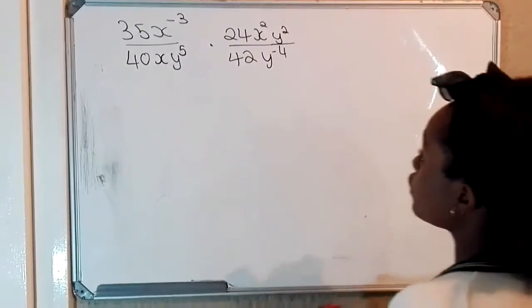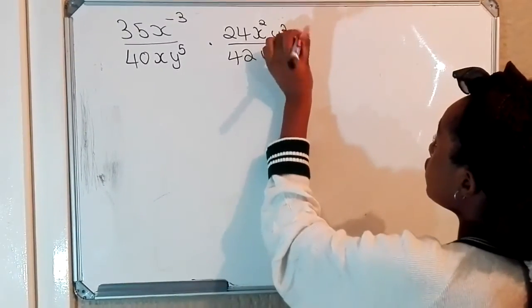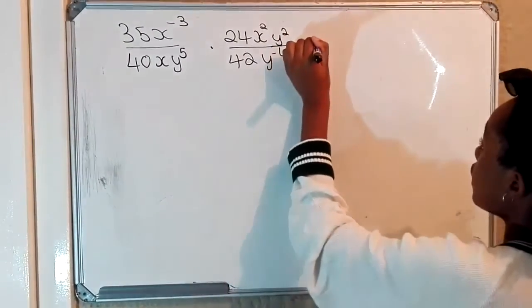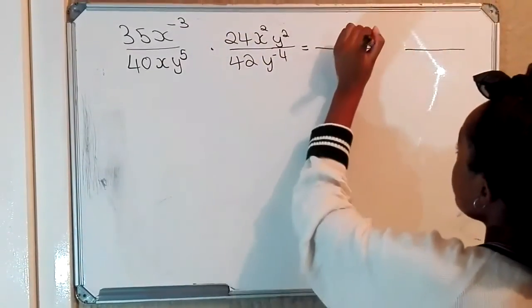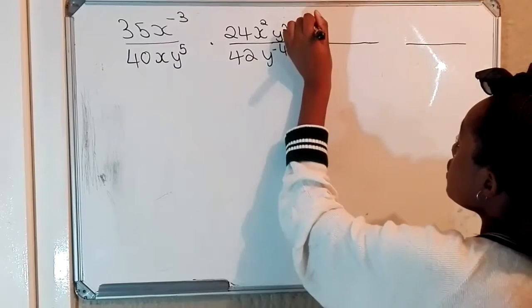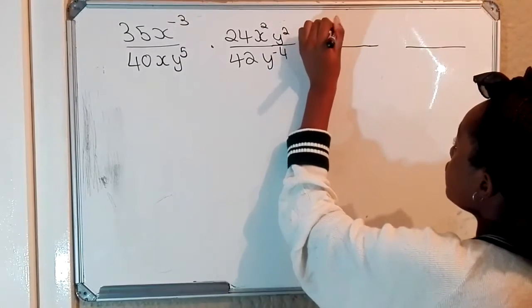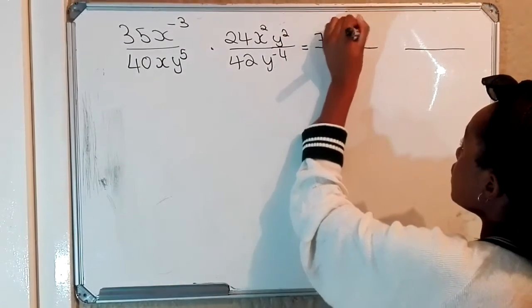So what I want to first do here is break this up. Okay, so 35 is also the same as saying 7 times 5, x to the minus 3.